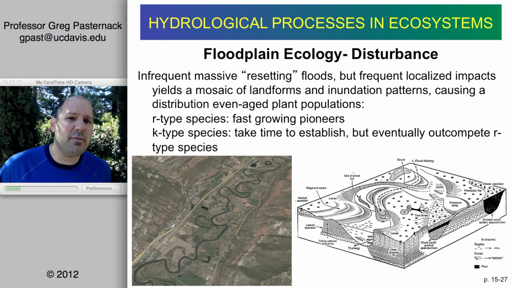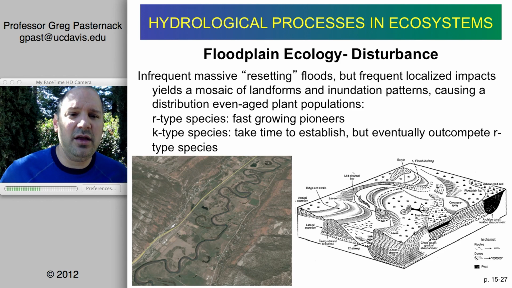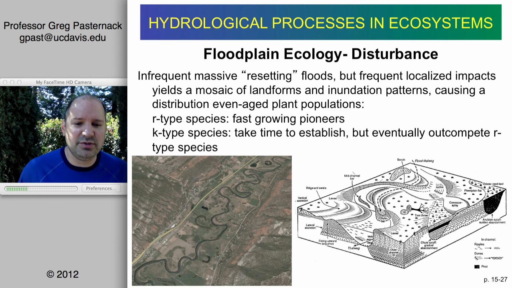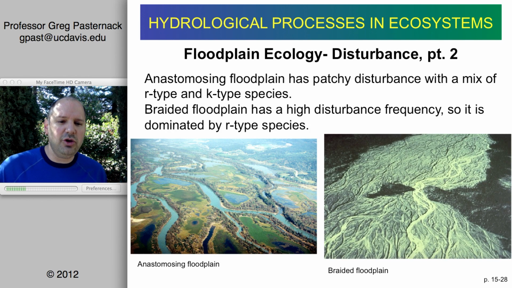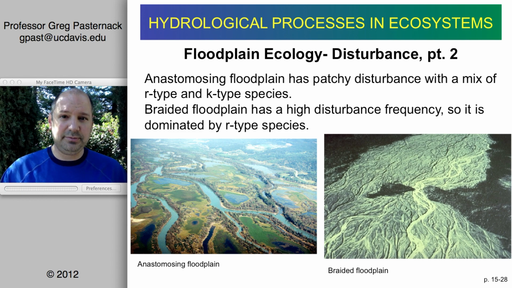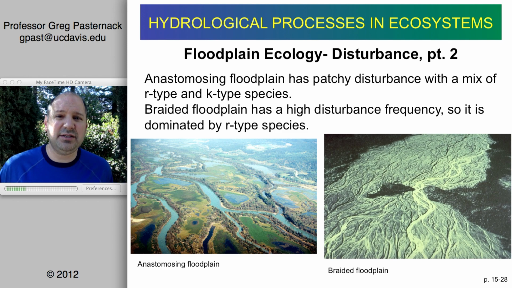This is something we're going to talk more about when we get into the modeling arena, and we talk about ecological modeling, and we look at some of those models. But it's relevant here in the floodplain context, because we can look at different floodplains in terms of their physical attributes, and we can infer what we would expect the ecology to be like. For example, if we look at the photo on the right, you see a braided floodplain.